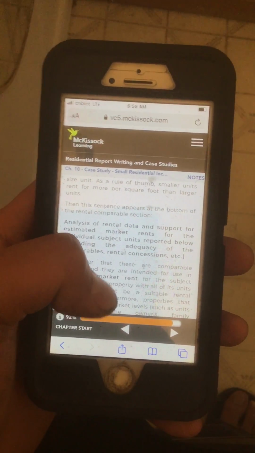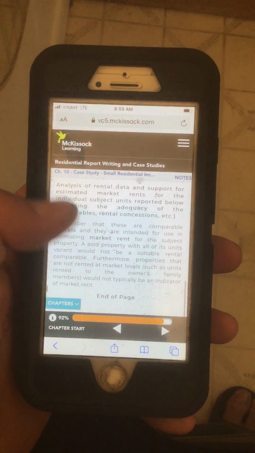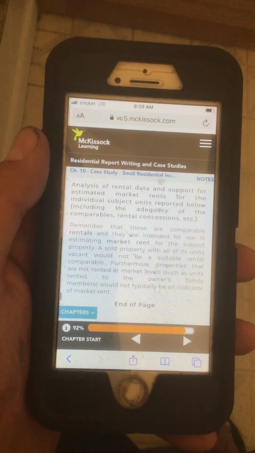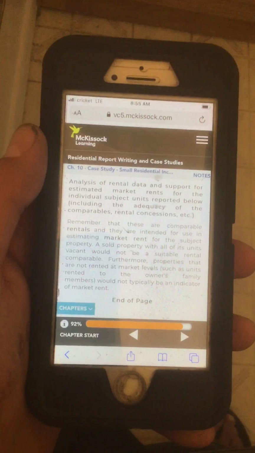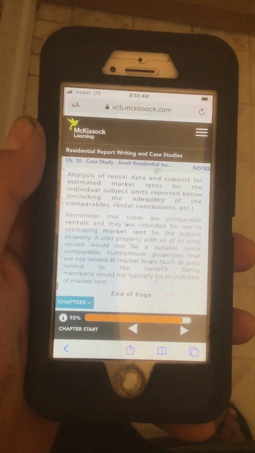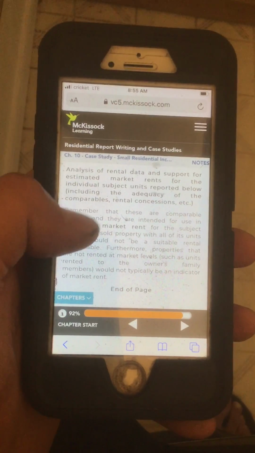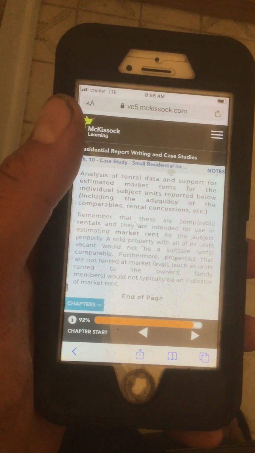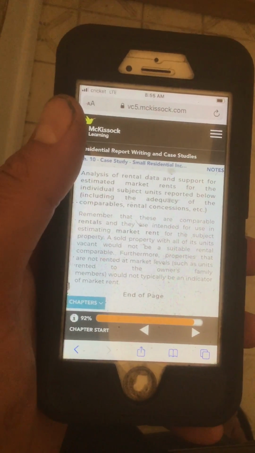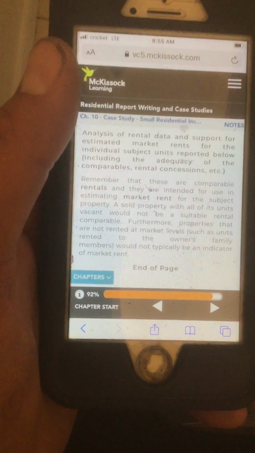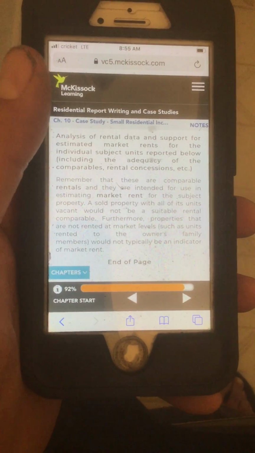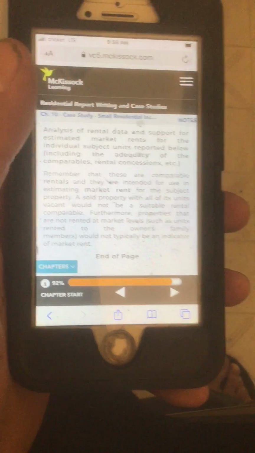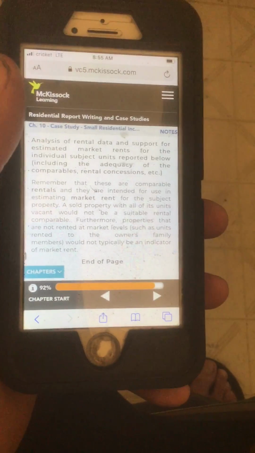Then this sentence appears at the bottom of the rental comparable section. Analysis of rental data and support for estimated market rents for the individual subject units reported below, including the adequacy of the comparables, rental concessions, etc. Remember that these are comparable rentals and that they are intended for use in estimating market rent for the subject property.